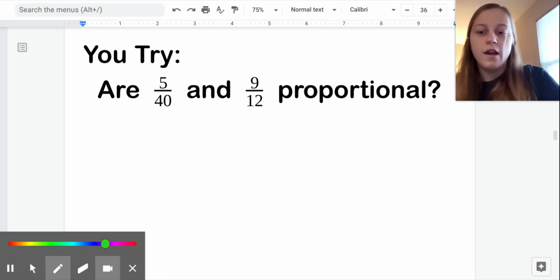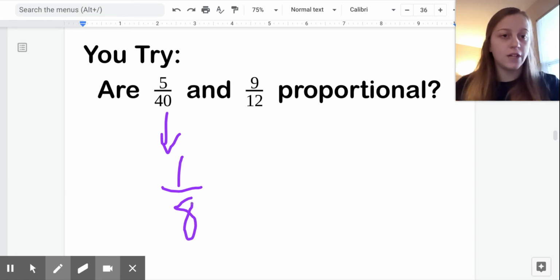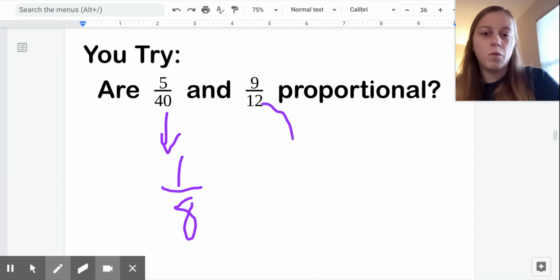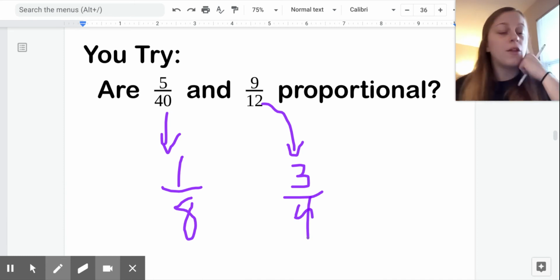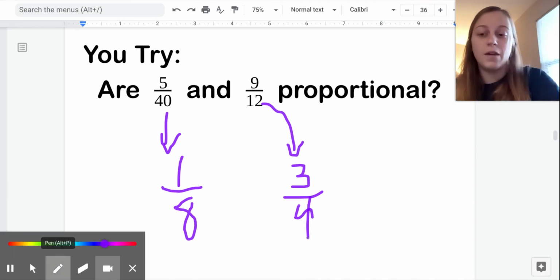Alrighty, so 5/40 simplifies down to 1/8 because I divided by 5 on the top and bottom. 9/12 simplifies down to 3/4 when I divide by 3 on the top and the bottom. 1/8 is as simple as it can get, and so is 3/4. But they didn't simplify down to the same answer.